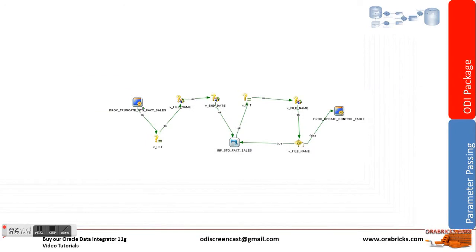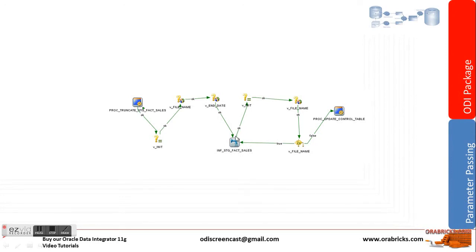So this is what the overall package looks like in ODI. The first step is to truncate the stage table, then you have the init value, then to get the file name you have v_file_name, and also v_end_date, which will get the value from the control table end date, and then you have the stage fact sales.